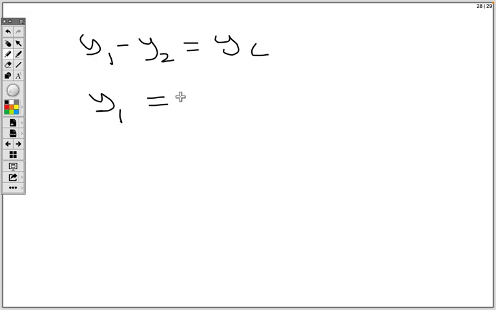So what does this mean? y1 minus y2 is yc. y1 equals y2 plus yc.